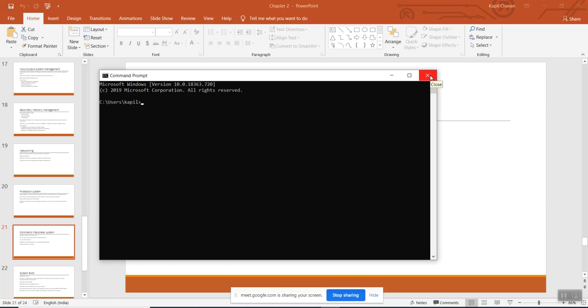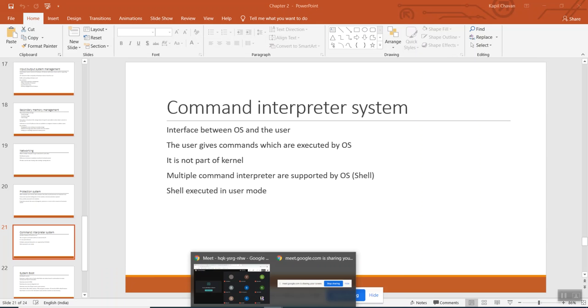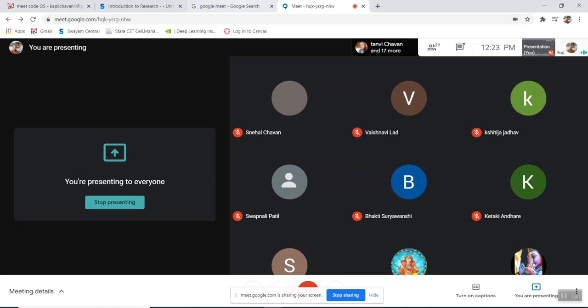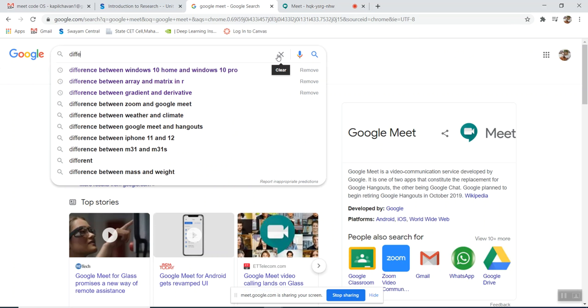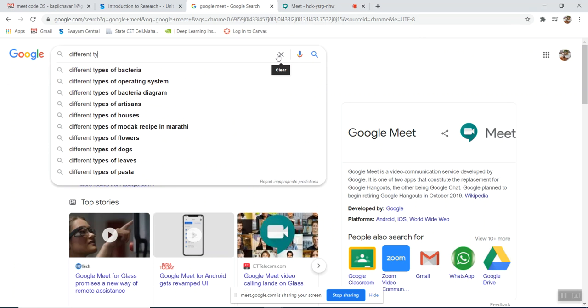I think this point is clear to all of you. We have different types of shells here, and I will just show you the different types of shells in Linux.